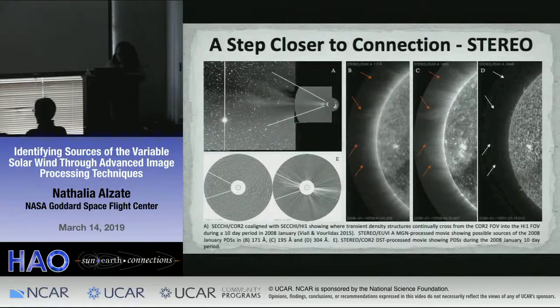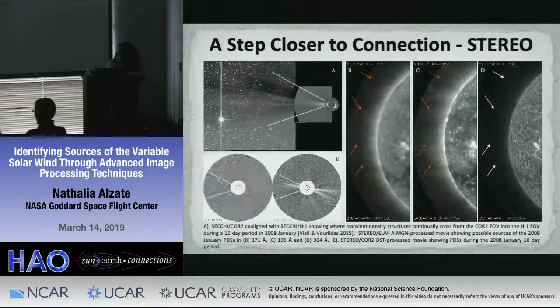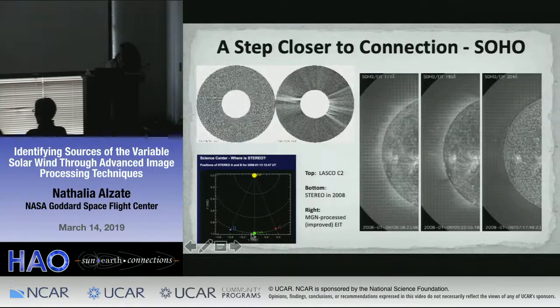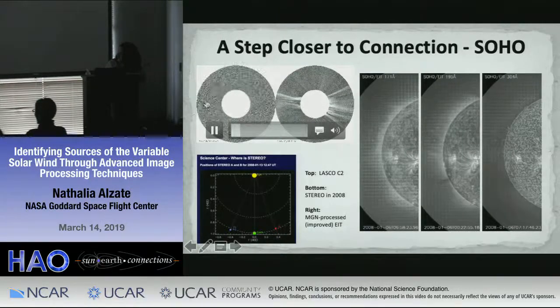Oh, man. Okay. Just for kicks, I looked at LASCO. Because STEREO A and B were in this position, LASCO could capture something a couple of days before in almost the same region. So you do see blobs and such.